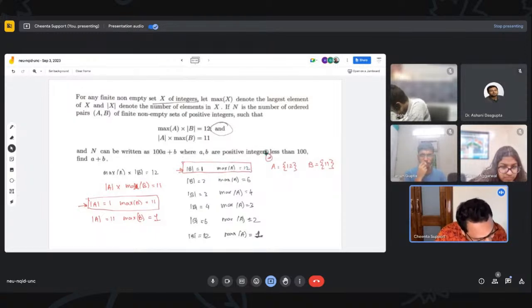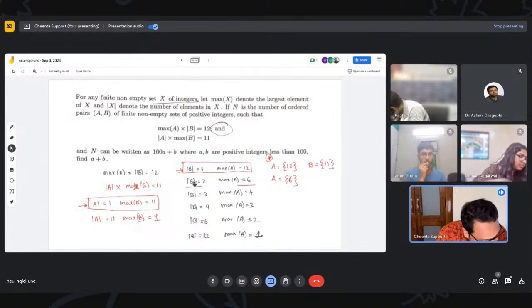Now the second case: min A equals 1, max A equals 6, min B equals 2, max B equals 11. So there are two elements here.